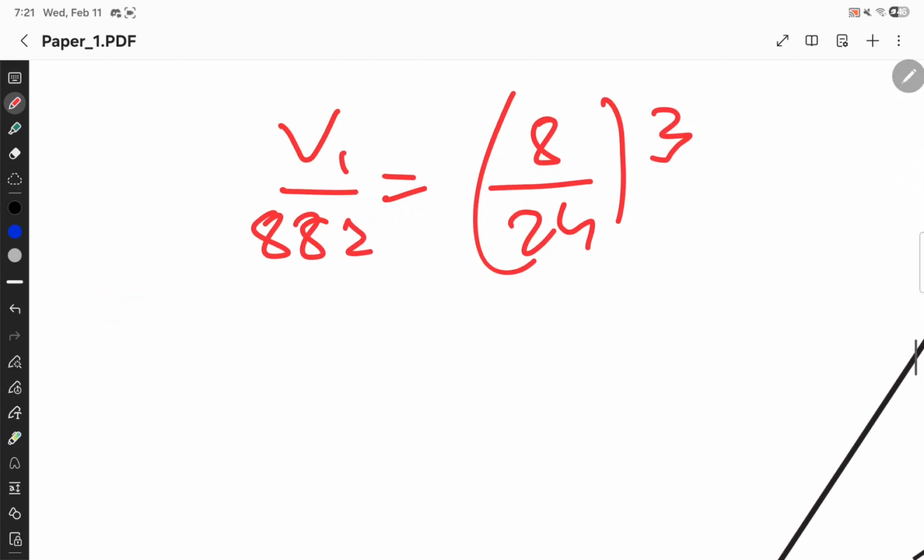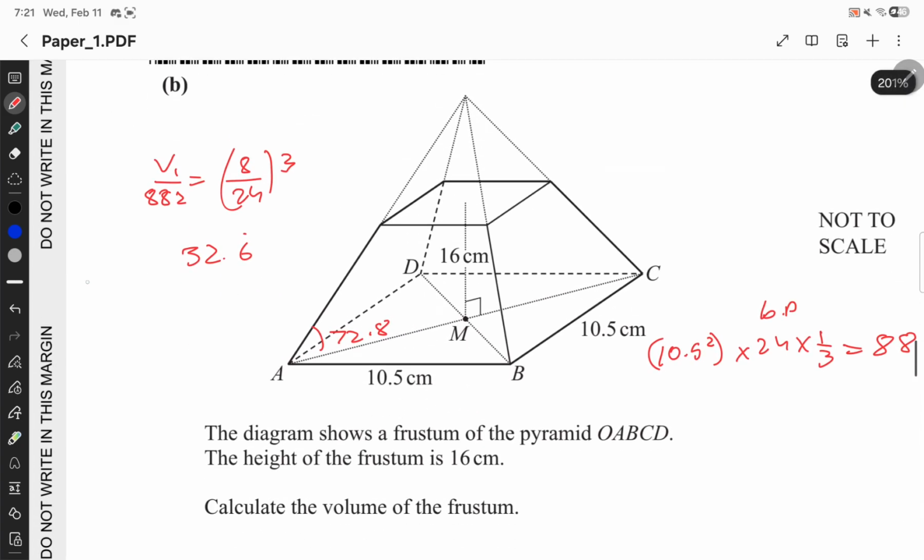Okay, next we use some clever algebra to find this. This is 8 over 24 to the third power times 882, which gives us 98 over 3 or 32.6 repeating.